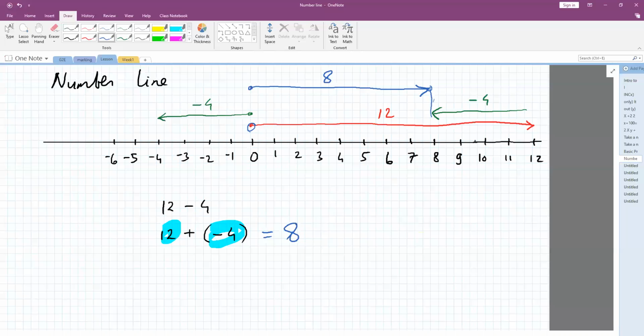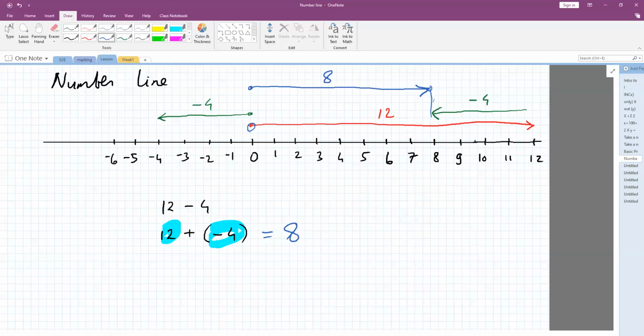The idea here is simply you have two numbers, for example 12, and then you subtract 4. That's it. So this is how you visualize. I haven't talked about what happens if you have a positive number and then you subtract a negative number, because that will look quite different, and we will talk about that later.